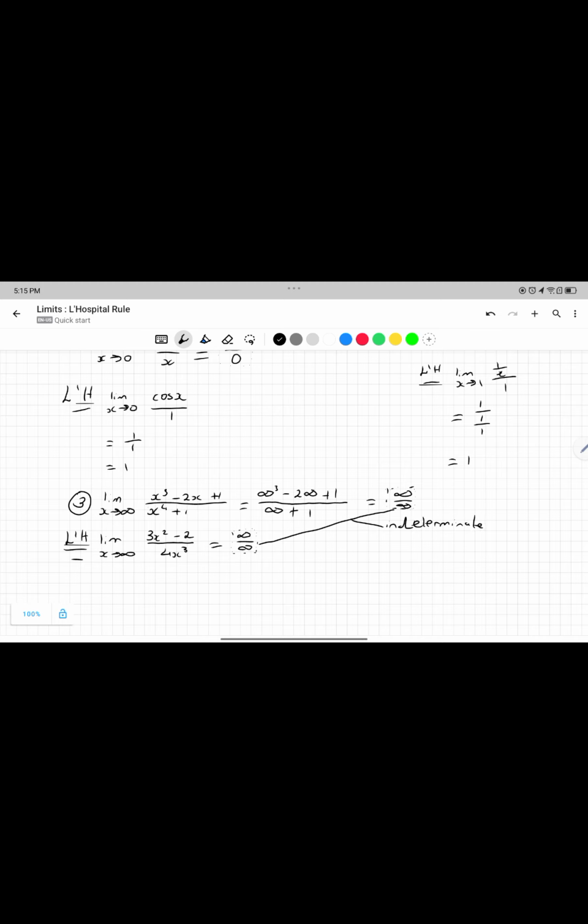So L'Hopital's rule says we apply L'Hopital's rule again. So what do you get? We get 6x all over 12x squared.